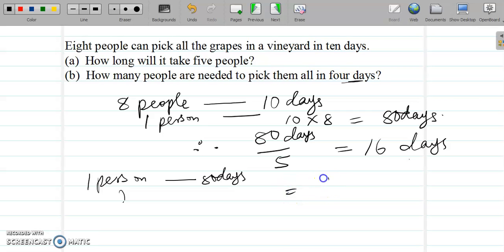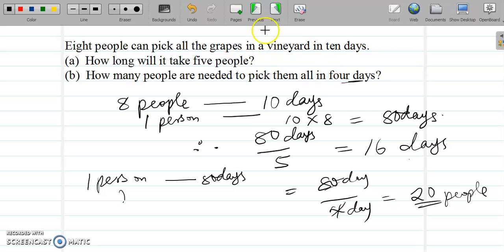It will be 80 days divided by 4 days. So that should be 20. So 20 people are needed to do it in 4 days. So that's how we solve the problem.